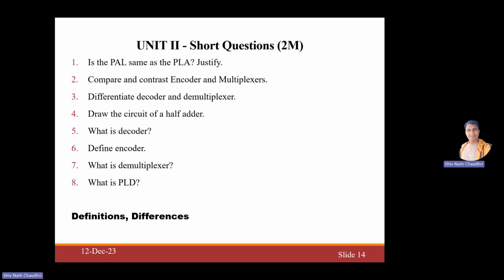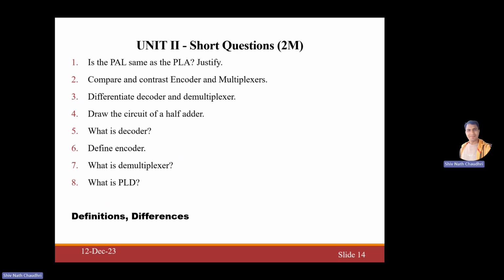The fourth one is draw the circuit of a half adder. Fifth is what is a decoder. Sixth is define encoder. Seventh is what is a demultiplexer. And eighth is what is PLD, programmable logic devices. When you observe all these 8 questions, you will find that only definitions and differences were asked for 2 marks in the second unit, which is combinational circuits.